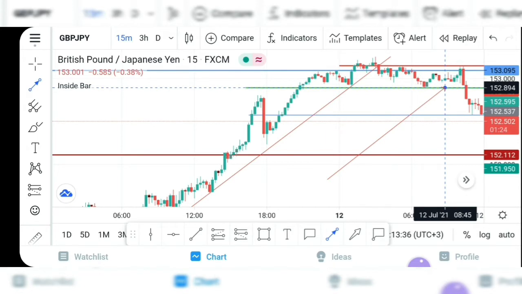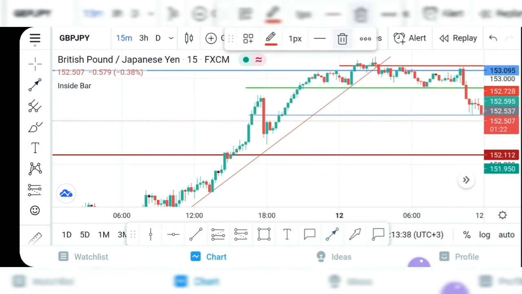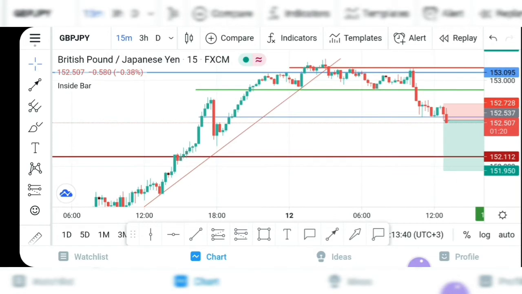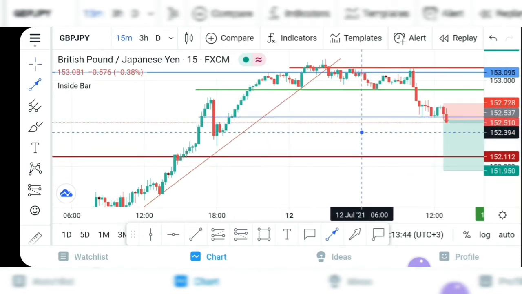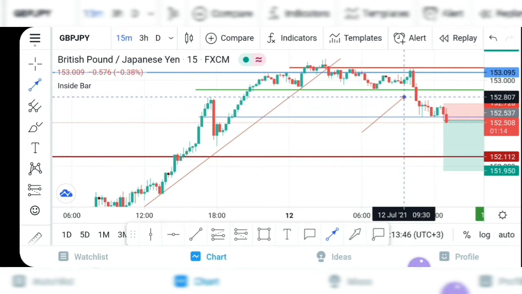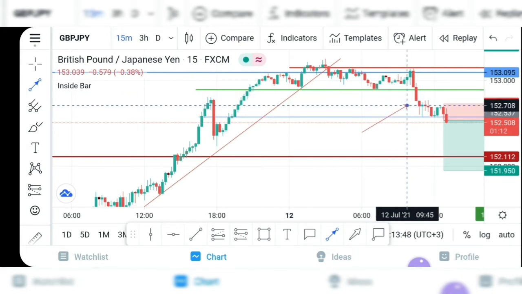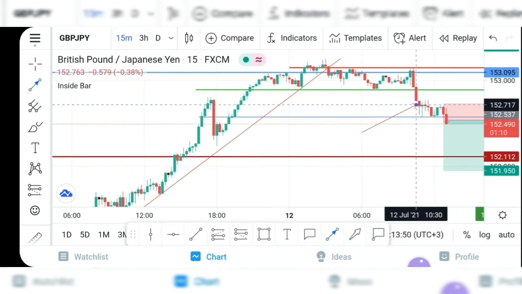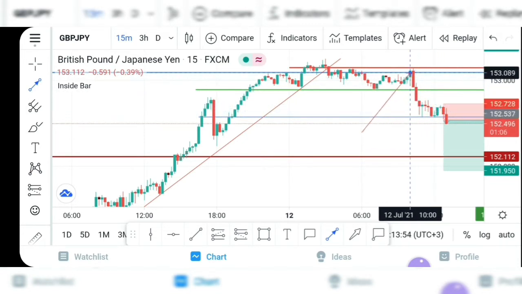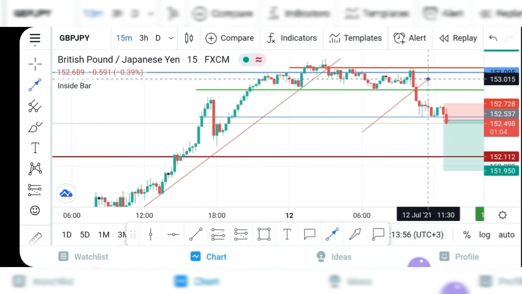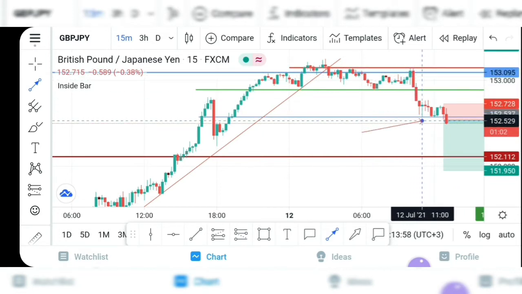All right? Now, after all that, when the market decides to break structure, like it is doing here, it breaks to the lower side. What are you looking for? You're looking for sales. There was a high here. It broke the structure and created a lower low.